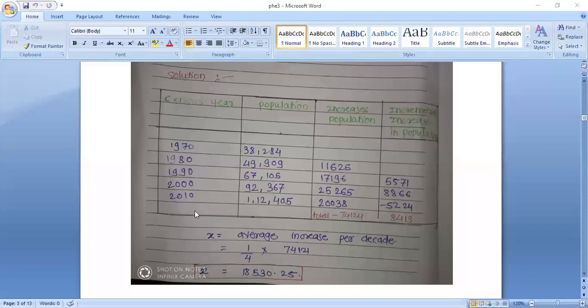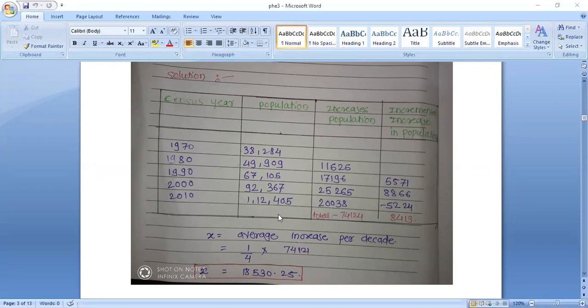Now see, the increase in population for 2010 is the population in 2010 minus the population of 2000. That is, 1,12,405 minus 92,367. The value is 20,038.